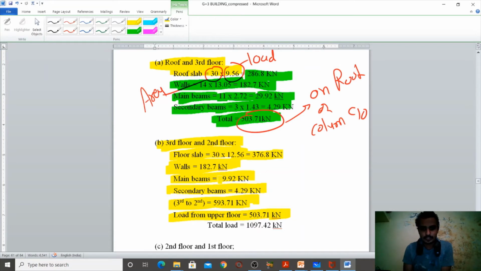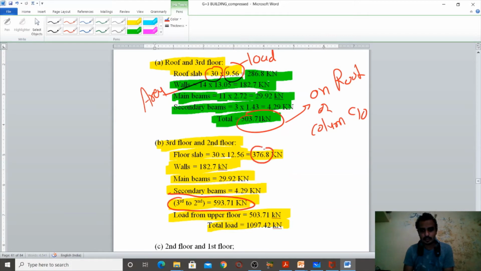So the total load is 1097.42 kilonewton. This is the third to second.